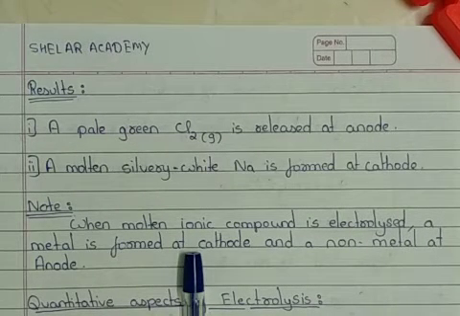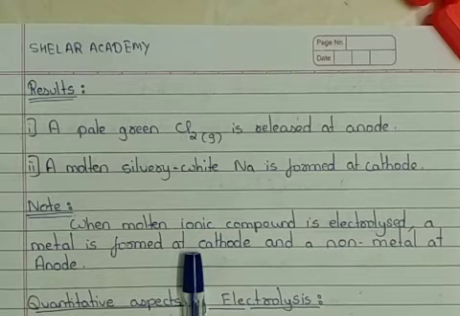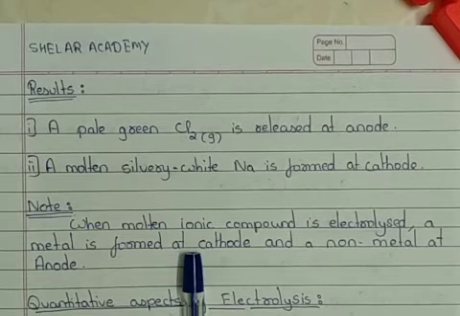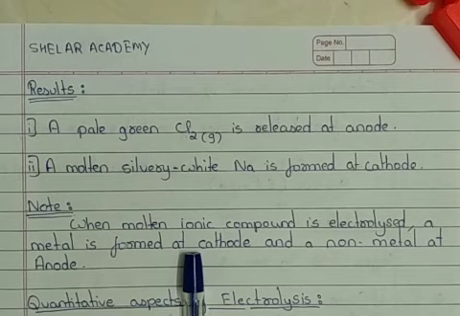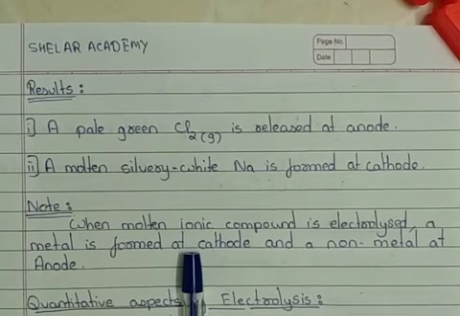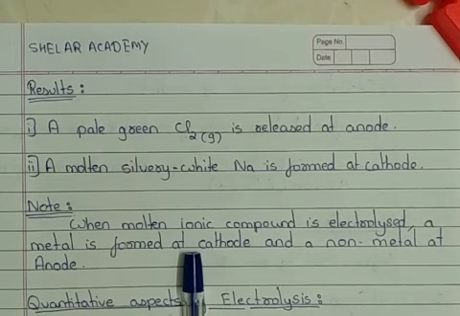If they use aluminum chloride instead, again aluminum will deposit at the cathode and chlorine will be deposited at the anode. So irrespective of which electrolyte they use, metals form cations, so they liberate at the cathode, and non-metals form anions, and they liberate at the anode. That is the thumb rule you need to remember while writing down the electrolysis of any given electrolyte.